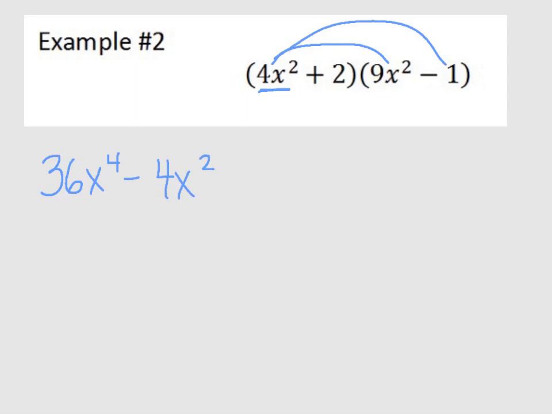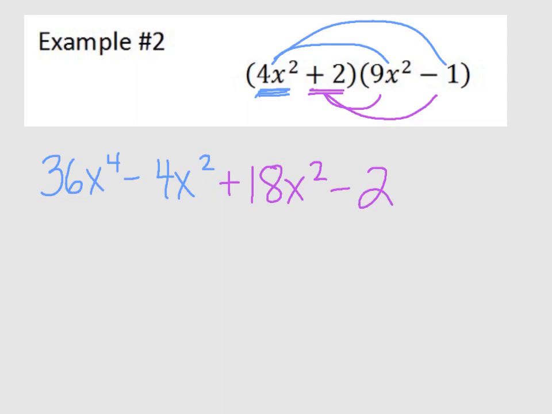So I've distributed my first term. But now I need to also distribute the second term to both terms in the back parentheses. Again, remembering to multiply my coefficients, but add up my x's. So 2 times 9 makes 18, and then I have x squared, and then 2 times negative 1 makes negative 2.